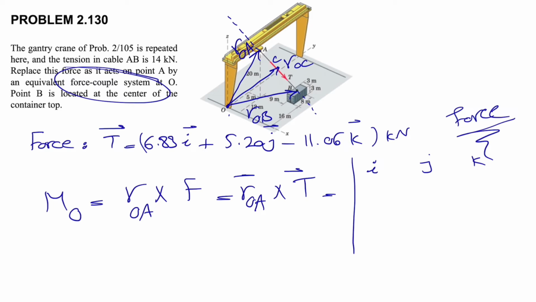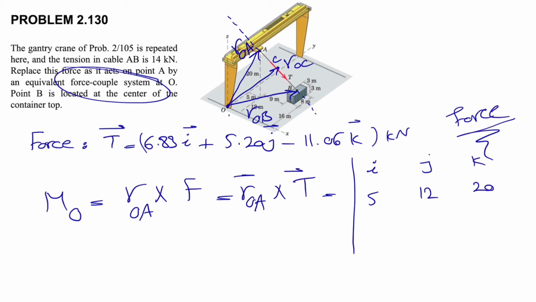And we will have our OA cross F, which will be the T that we have in here. And for this, we need to find this determinant that we have, I, J, K. The second row is always the position vector, and that would be the coordinates of point A, which we covered in the previous question. So I'm going to go over it very quickly.